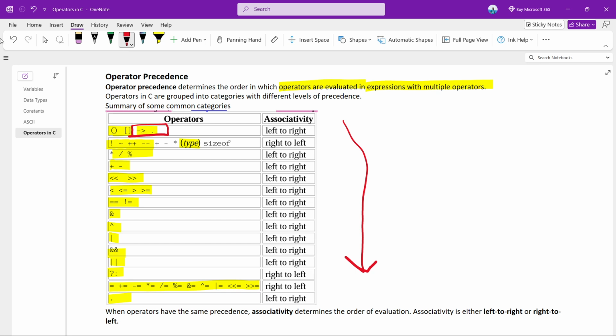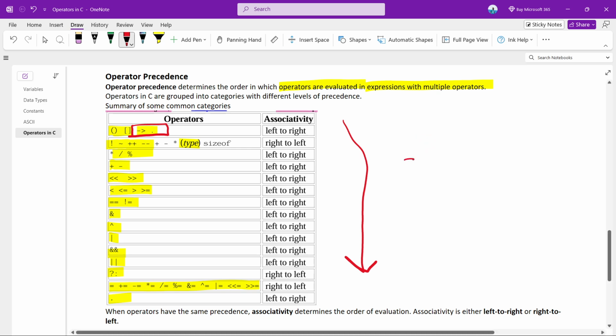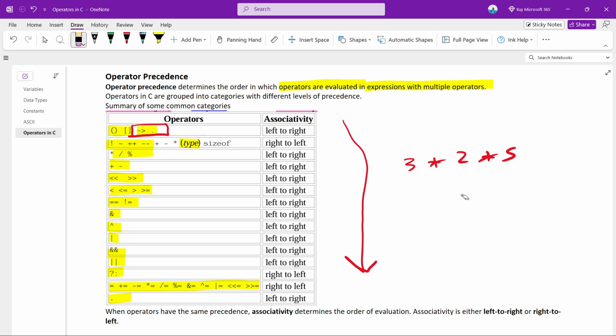Now what happens if we have two operators of the same type in a single expression? Let's say 3 into 2 into 5. In this case, will 3 be multiplied by 2 first, or will 2 be multiplied by 5? To determine this, we have something called associativity. Associativity is a property that determines the order of evaluation.